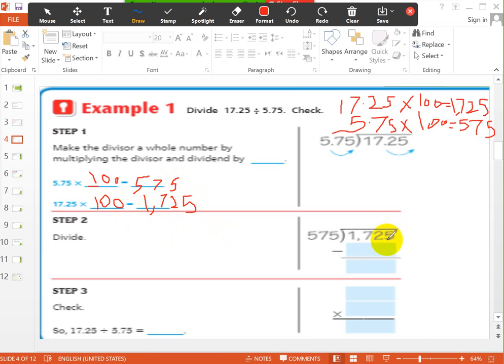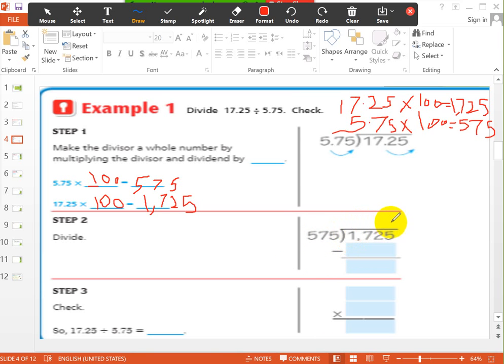Now I will take the 17. Can I divide this number? I can't divide it, so I will take the 2, so it will be 172. Can I divide 172 by 575? Also I can't.